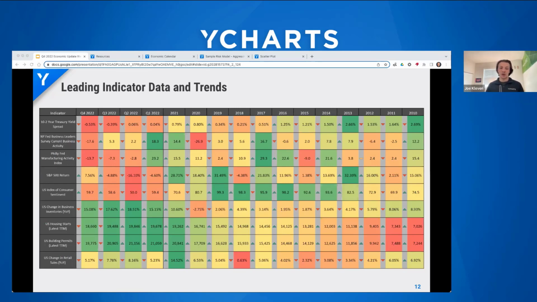The 10-2 Treasury yield spread has continued to drop precipitously and reached levels that it actually hasn't fallen to in over 40 years. The Philly Fed Manufacturing Activity Index and the NY Fed's Current Business Activity Index both ended the year below zero, which hasn't happened since the 2020 coronavirus pandemic.